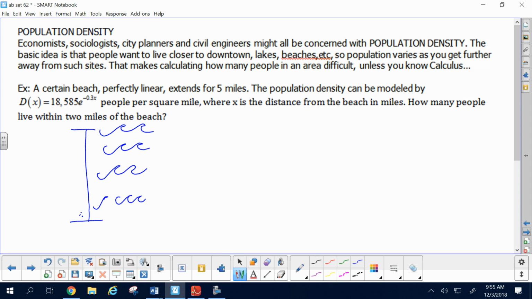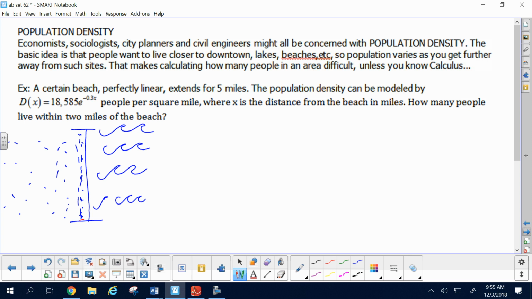So real close to the beach, it would be very dense, and as you get further and further away from the beach, it gets less and less dense because people want to live by the beach, all right? So the greatest density is by the beach. X is the distance from the beach in miles. How many people live within 2 miles of the beach?